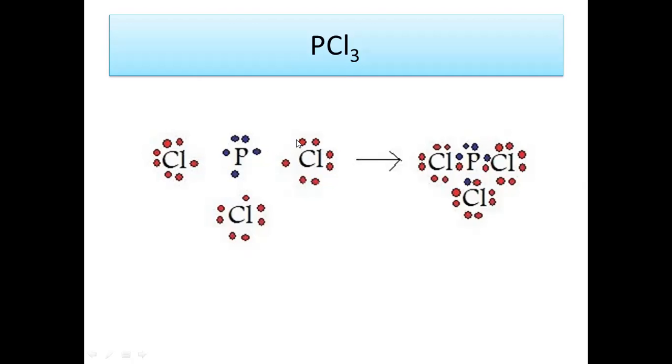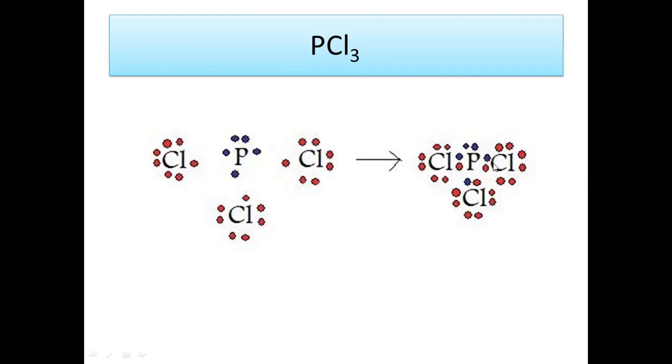Each chlorine needs one electron to complete its octet, and similarly, the phosphorus needs three more electrons to complete its octet. So that's why phosphorus shares one unpaired electron with one of the chlorine atoms, and similarly one electron is shared with another chlorine atom, and the third electron is shared with another chlorine atom.